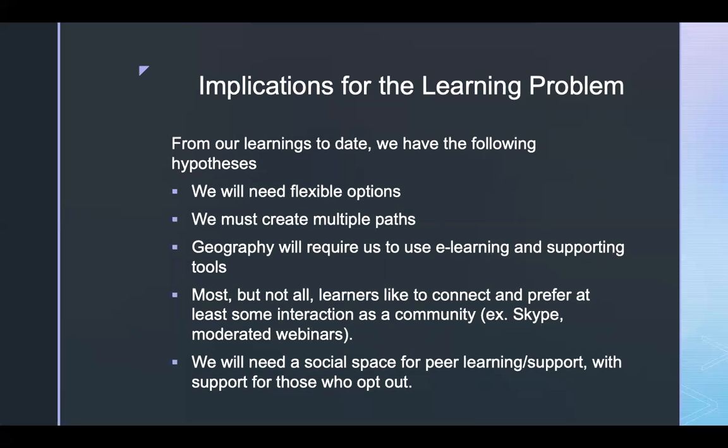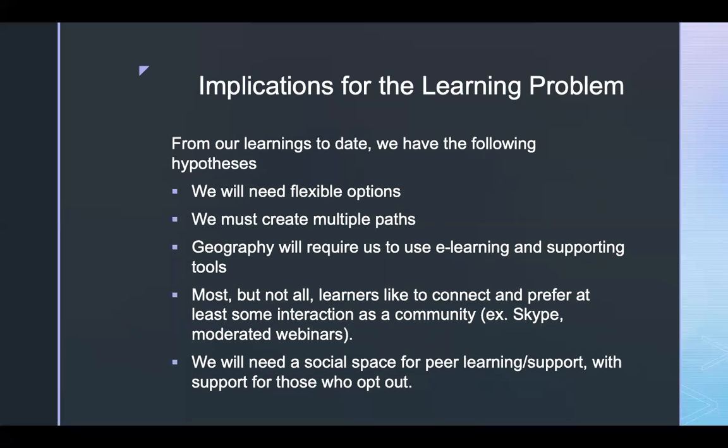What we also heard is that this particular group of learners appears to like to connect and they like to interact. So we will have to have some level of community engagement, whether that is through tools like Skype or moderated webinars, which is what they have been using before, or some kind of other social space that allows for peer learning and support, recognizing that we expect some people would opt out.